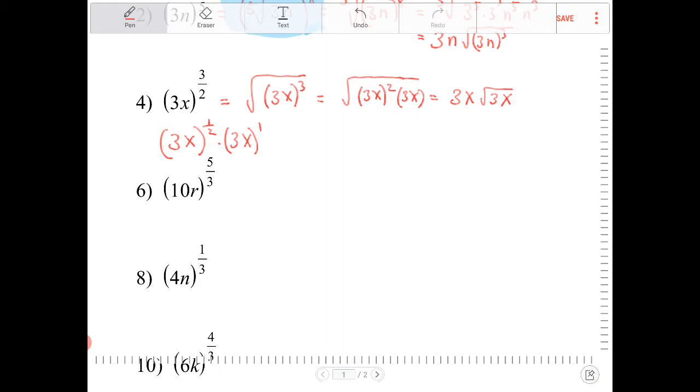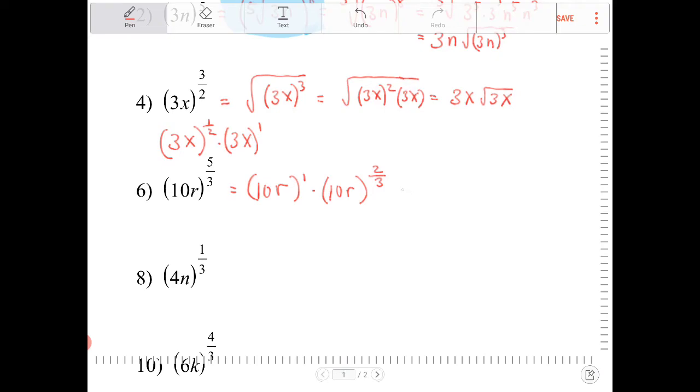So, looking at this, this is equivalent to 10r to the 1st times 10r to the 2/3. Because 1 plus 2/3 is 5/3. Right?